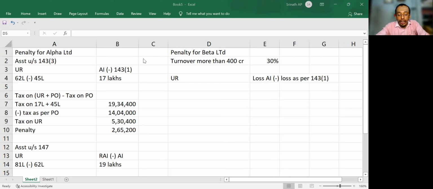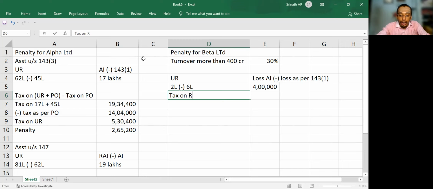So underreporting of income would be 2 lakhs minus 6 lakhs, which would be 4 lakhs.